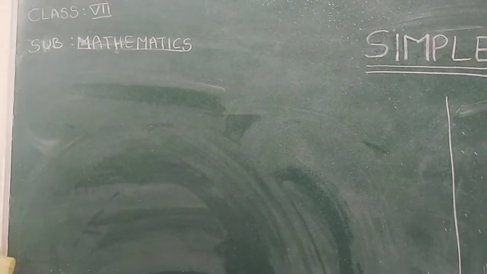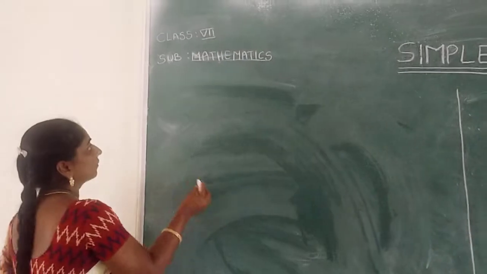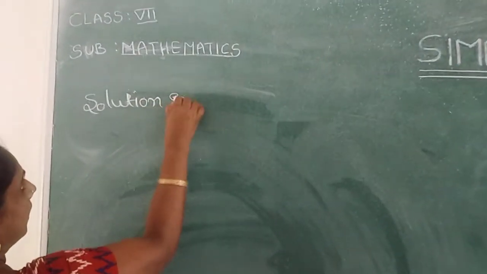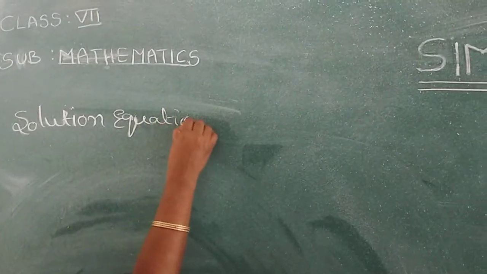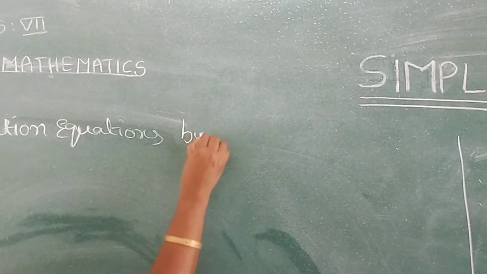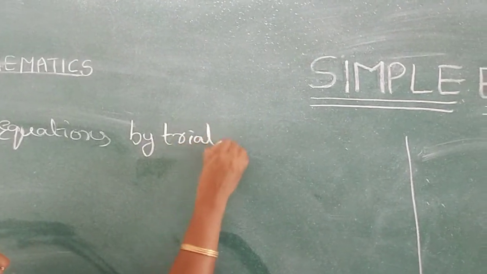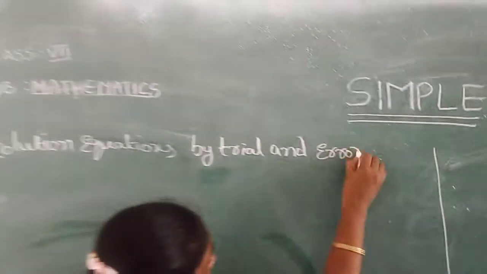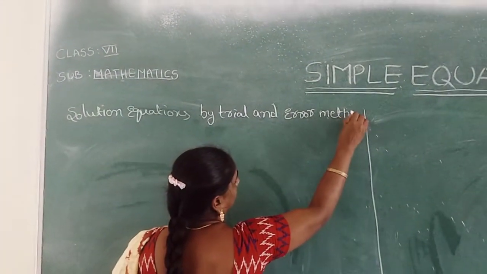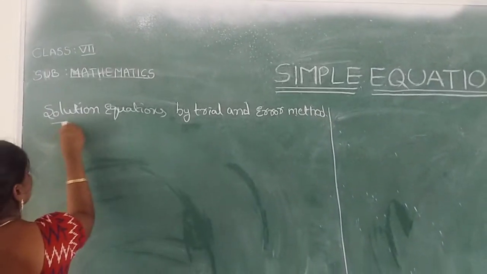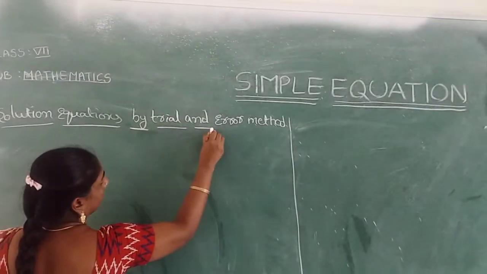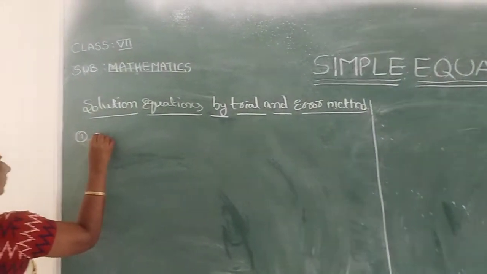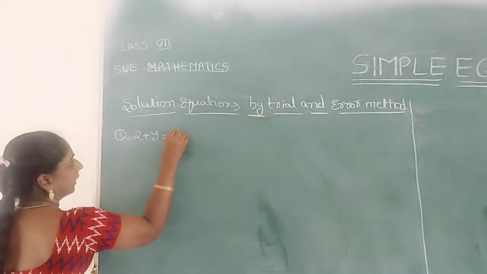Solving equation by trial and error method. For example, 2 plus y is equal to 9.